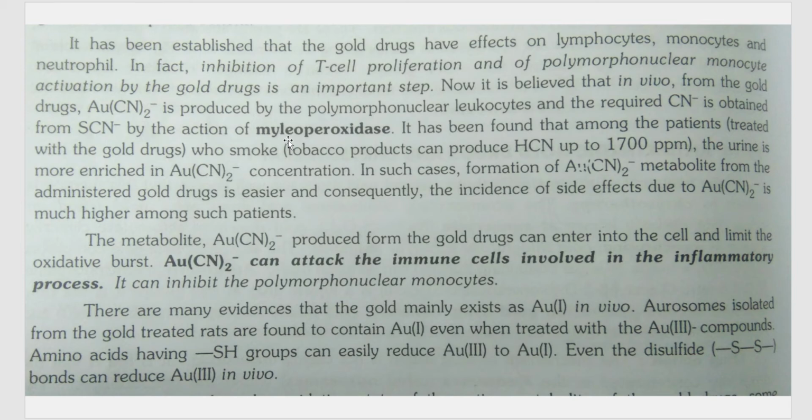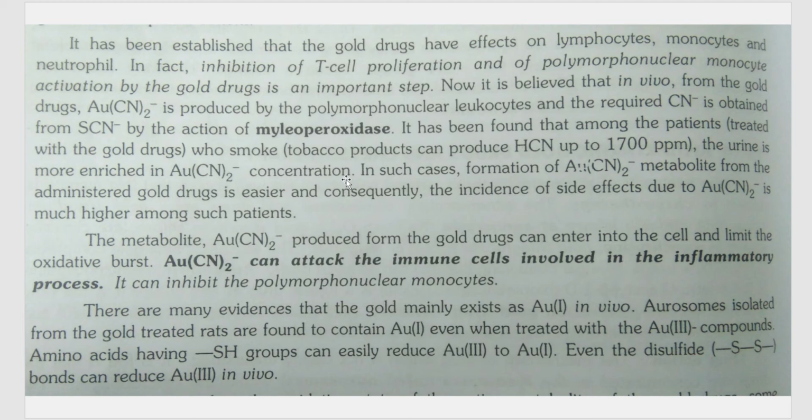So in organisms, the gold drug formed the Au(CN)2 minus complex, with the CN extracted from SCN minus. This was seen in some organisms, whereas in the case of humans, if a patient is a smoker, if he has the habit of smoking, then some CN minus will be there in his body because of smoking.